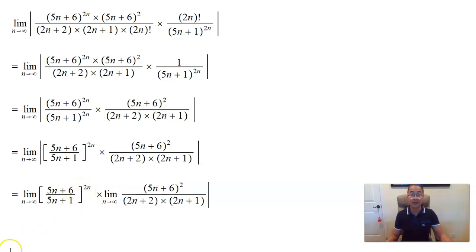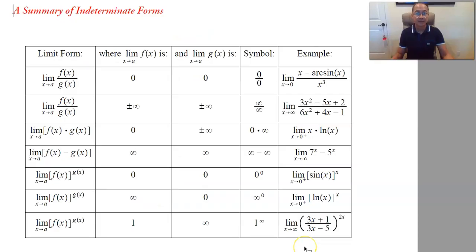Okay, and this is where I remind you of something. Remember this? This is from the video about L'Hopital's rule and indeterminate forms. L'Hopital's rule only applies when you have these two forms, 0 over 0 or infinity over infinity. That's why we were able to use it on 5n plus 1 over 5n plus 5. That was perfectly legal.